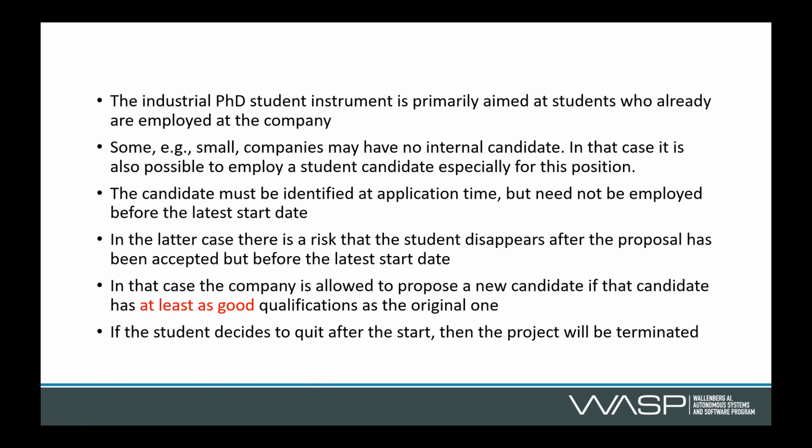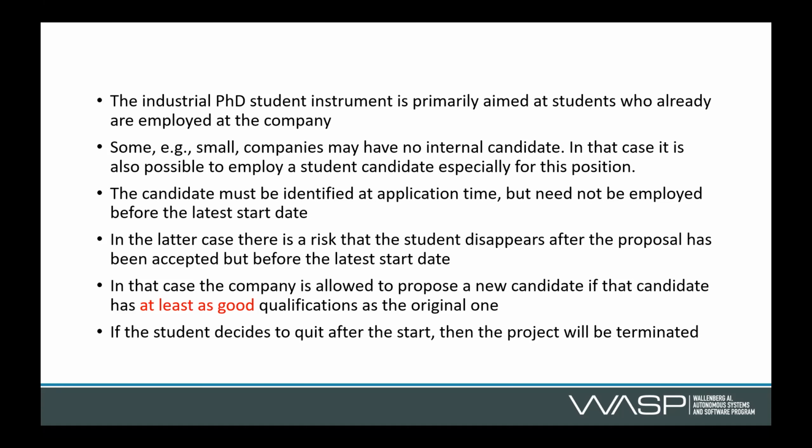And then I should say that the industrial PhD student instrument, as we call it, is primarily aimed at students who are already employed at the company. Ideally, they should have worked for the company like 3 to 5 years maybe, and gained all the experience from the company, so they know what the business ideas are and what the problems are and so on.